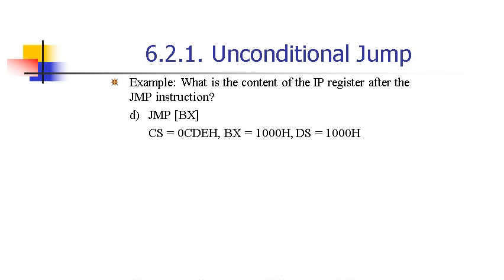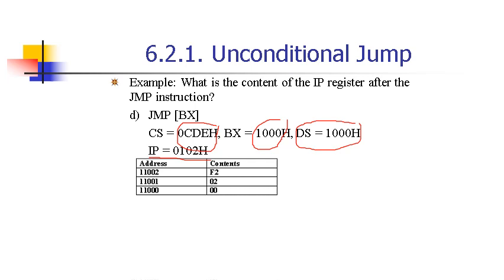Okay, good. So this is the current value of CS, the value inside your BX, and the effective starting address of your data memory segment. And this is the value of your IP. Good.